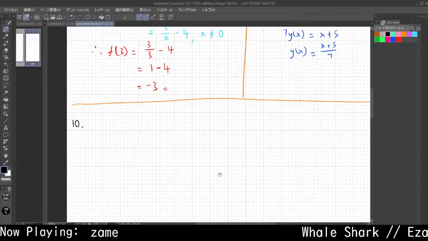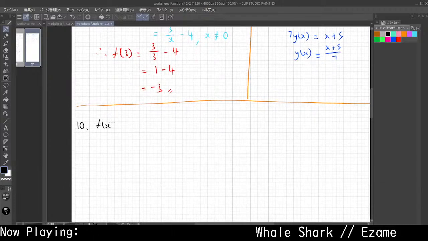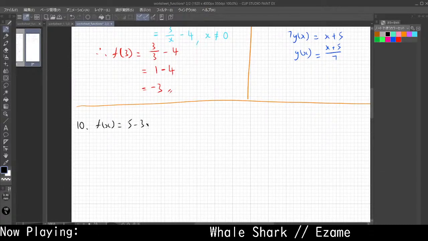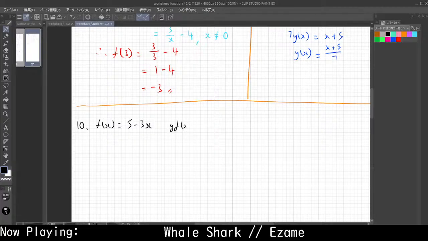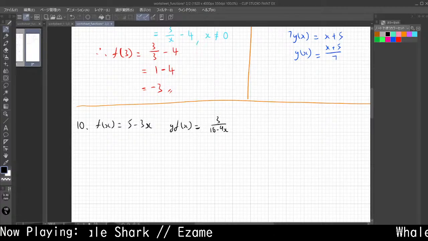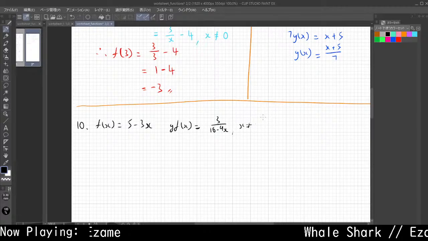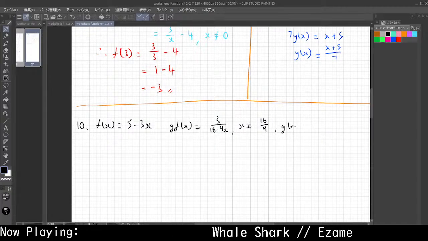Okay, question 10. f(x) equals 5 minus 3x. g(x) equals 3 over 16 minus 9x, where x is not equal to 16/9. For this function, find gf(x).